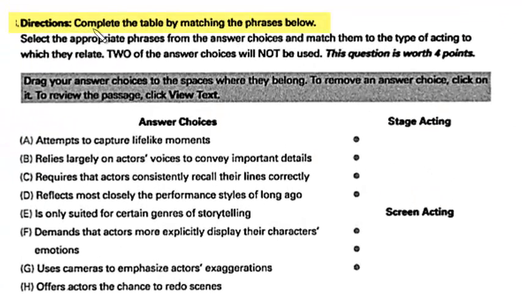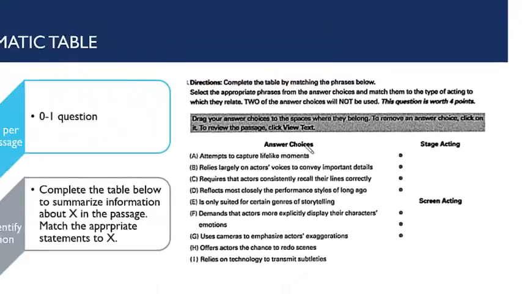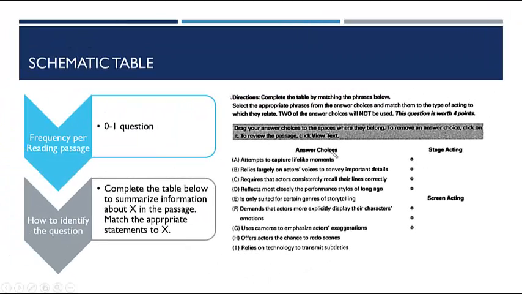In this case, complete the table by matching the phrases below. As you can see, I have provided you with some of the phrases that are going to help you to recognize the type of question, and this is going to help you a lot to save time, but also to know what type of question you are asked to complete.